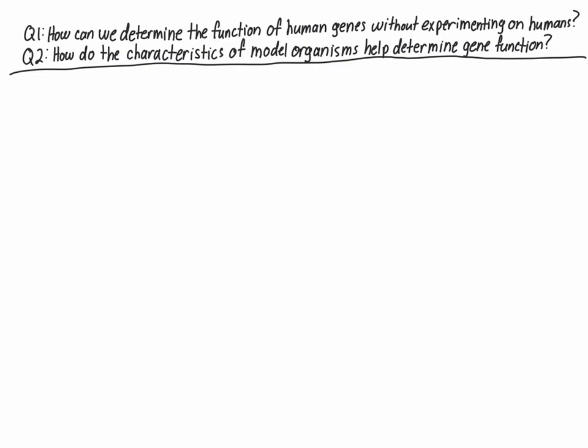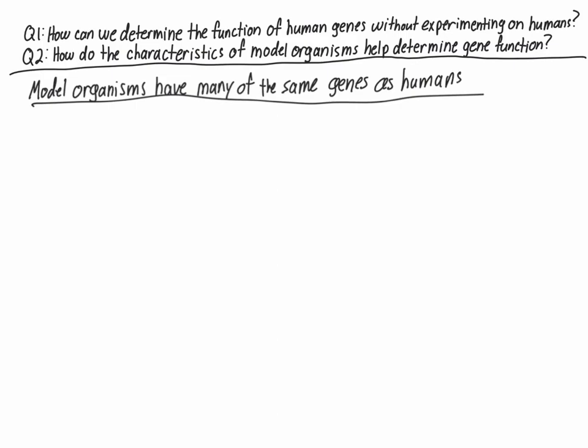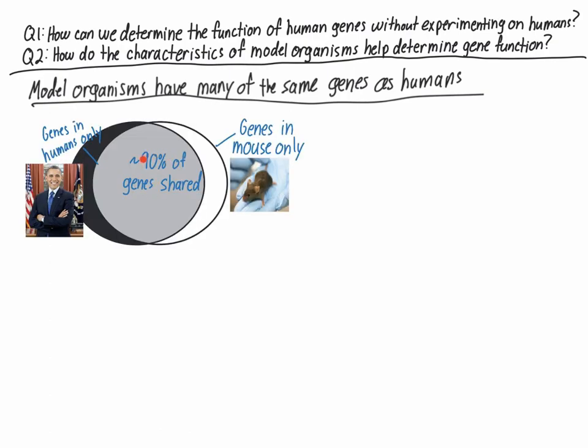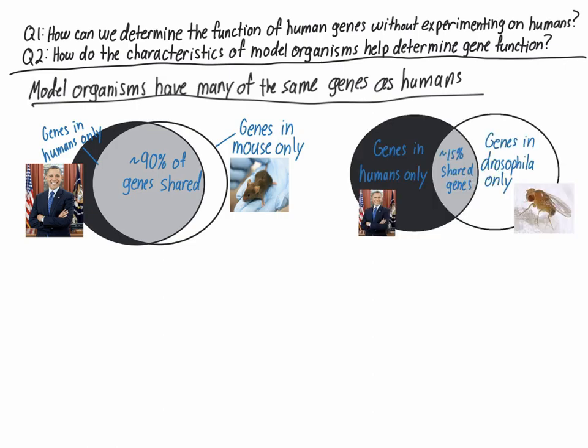When the genomes of humans and model organisms were sequenced, it confirmed that model organisms do in fact have many of the same genes as humans and other hard-to-study species of interest. 90% of all human genes are present in mice, and 15% of human genes are even present in fruit flies.